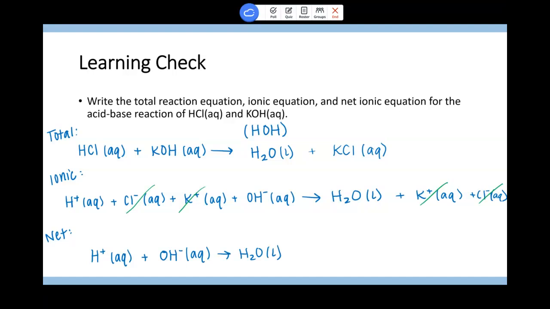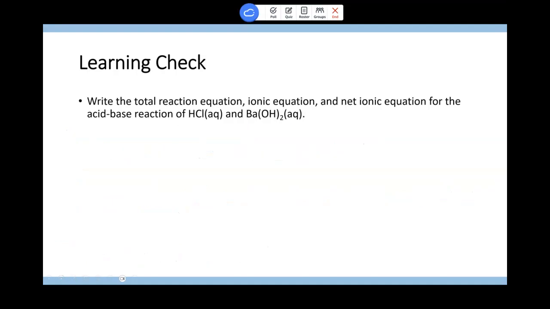All right, let's start going through this next one. There's a lot of different concepts that we're pulling in, even when we're just writing that total reaction equation. So if we're starting with HCl and barium hydroxide, we're doing a double displacement reaction.